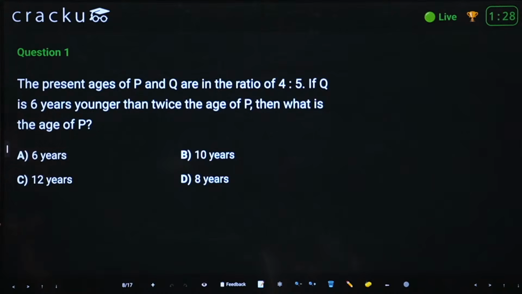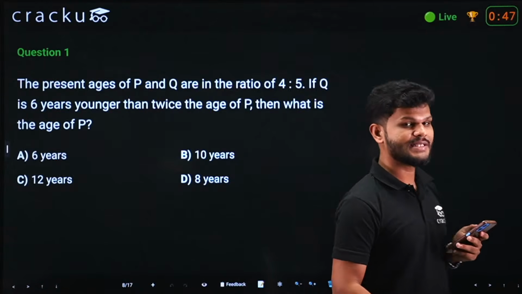Please solve it, guys. Those who have got the answer, please put your answer in the chat box.